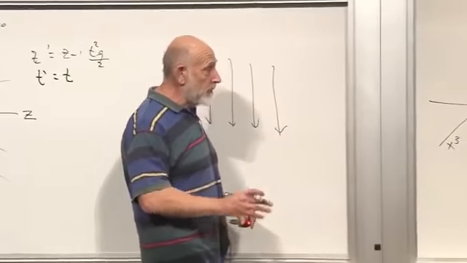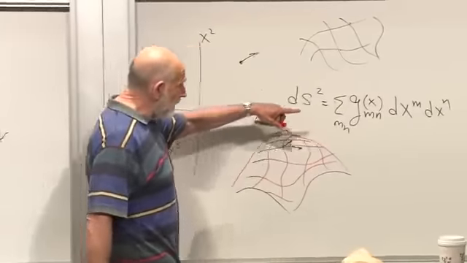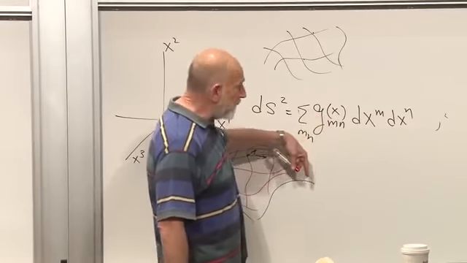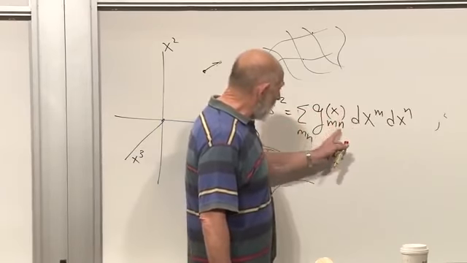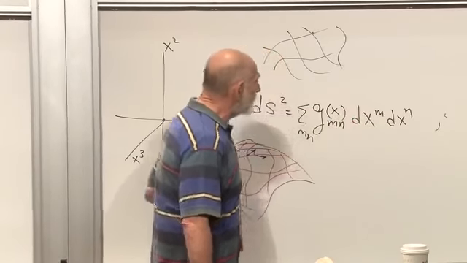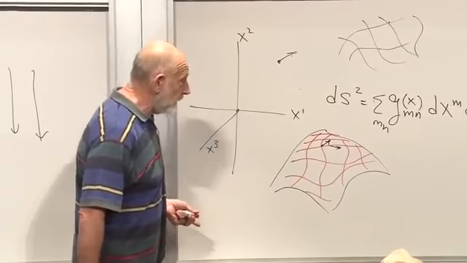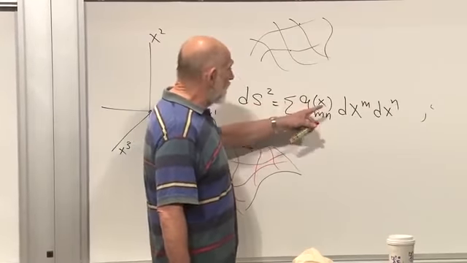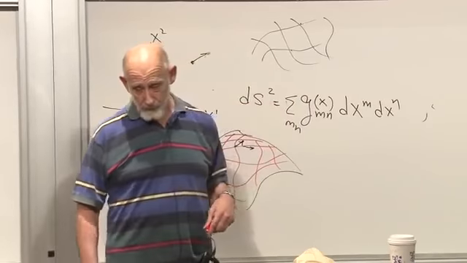A quadratic form means that you have a matrix, gmn, m and n could run from 1 to 3, for example, and you just combine together gmn dx dx, just as I've written it here. You've seen these kind of things before. And in general, g will depend on position.